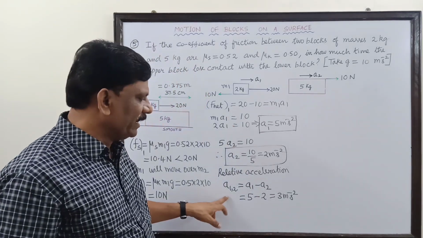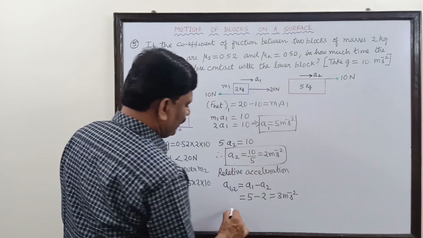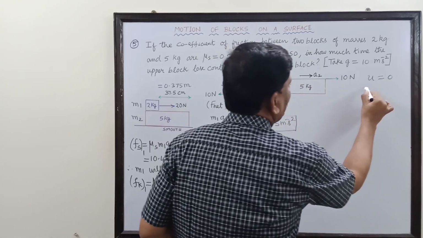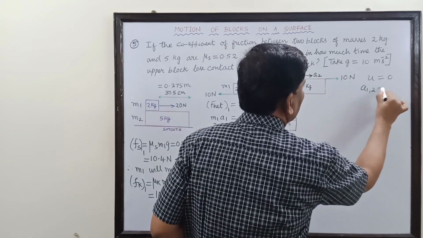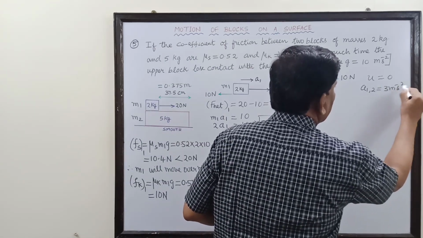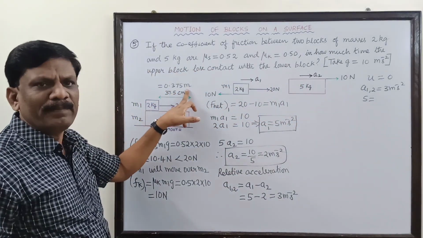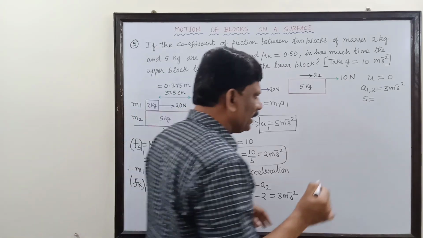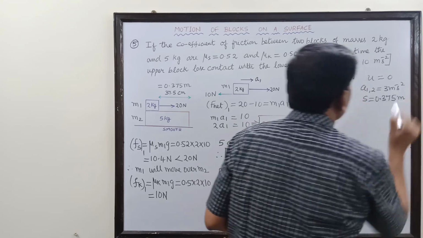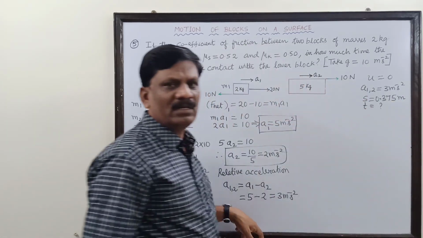So it is moving with the relative acceleration of 3 meter per second square. The initial velocity of the mass is taken as 0, the relative acceleration of the first mass with respect to the second mass is 3 meter per second square, and the distance it is going to cover is equal to 0.375 meter. So centimeter is converted into meter. What is to be found is in how much time it is going to slide.